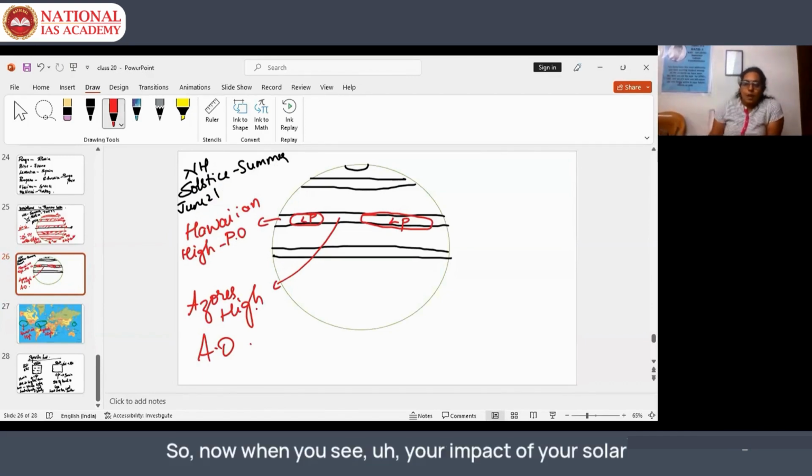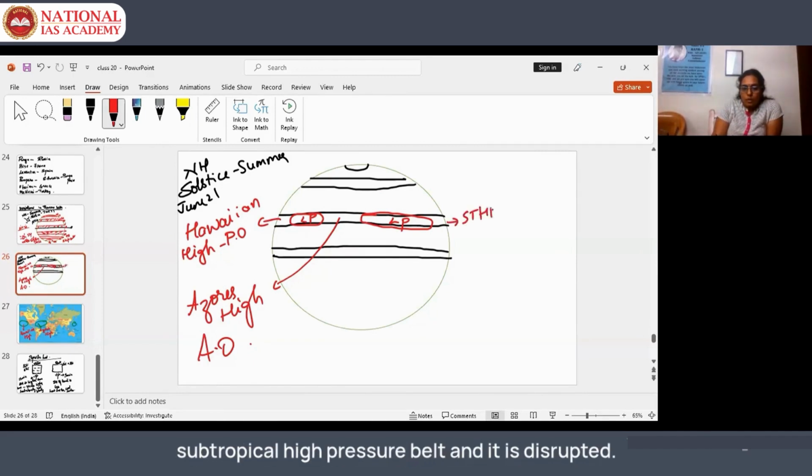Okay, clear? So now when you see the impact of solar insolation directly falling on this, it impacts your subtropical high pressure belt and it is disrupted.